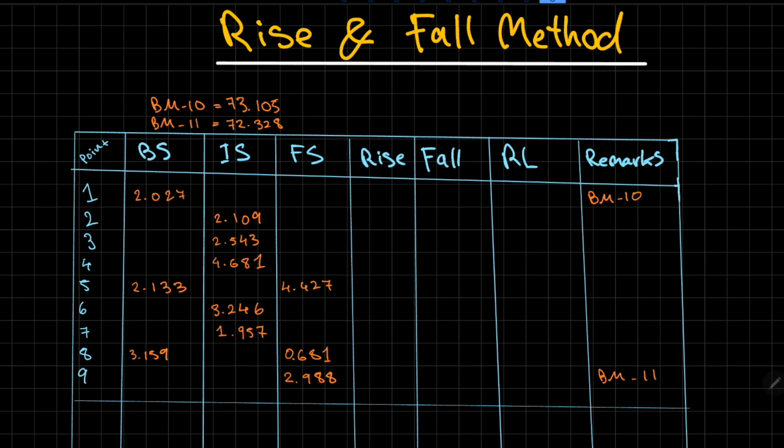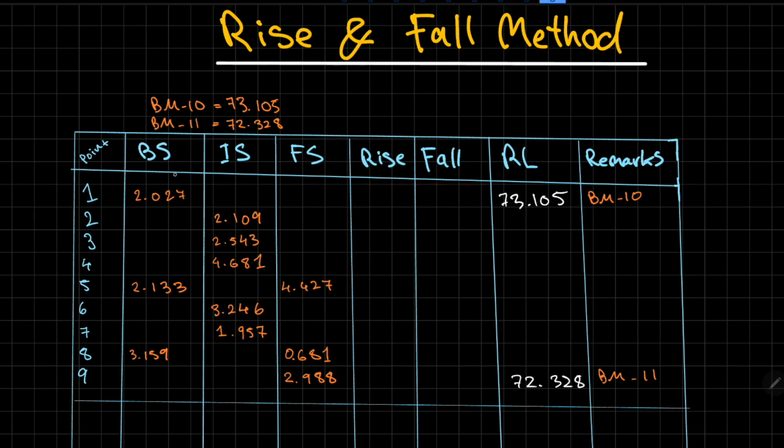So we can go ahead and write down the reduced level, because we already know two of the benchmarks. That's 73.105. We can write down 72.328.